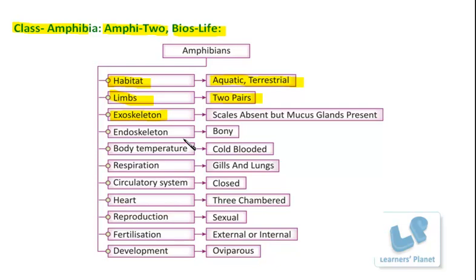But in this group the scales are absent. The skin is either smooth or rough, and it is rich in mucus glands. These mucus glands help in keeping the skin moist and slimy, and thus it is also required for supporting the process of respiration through the skin.